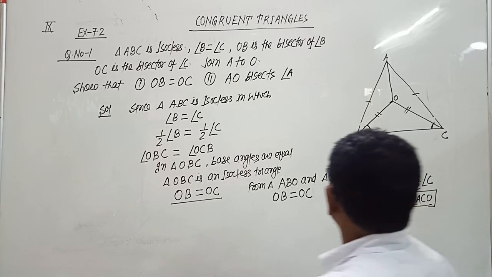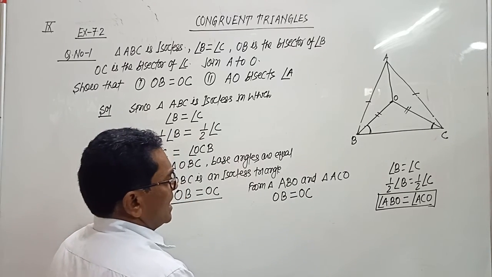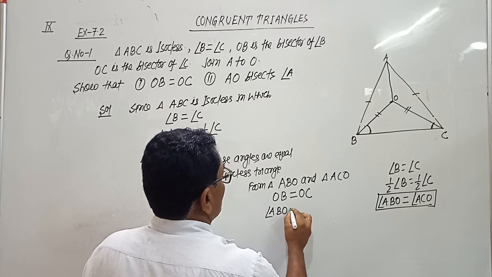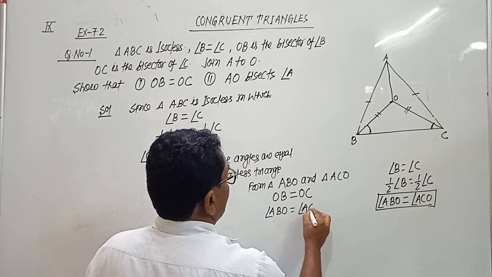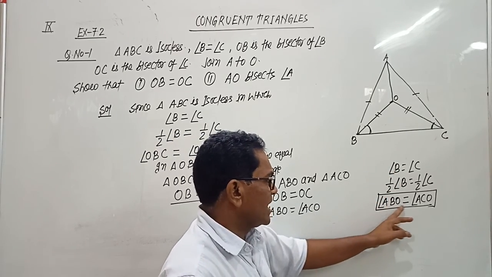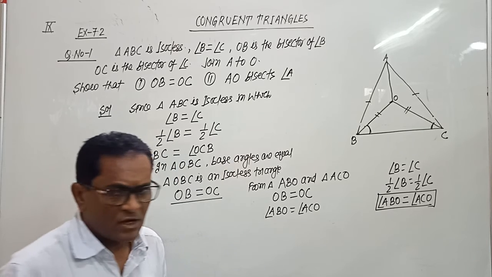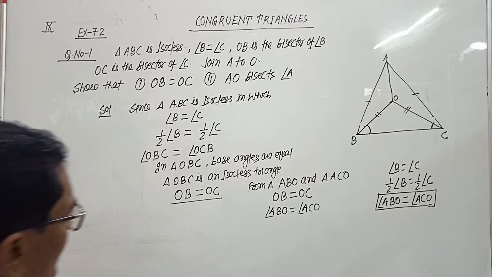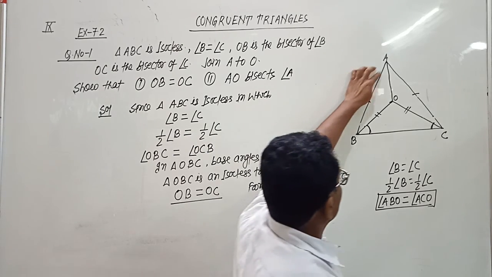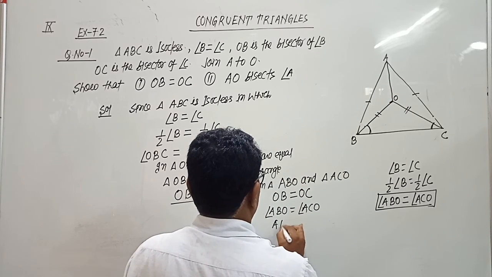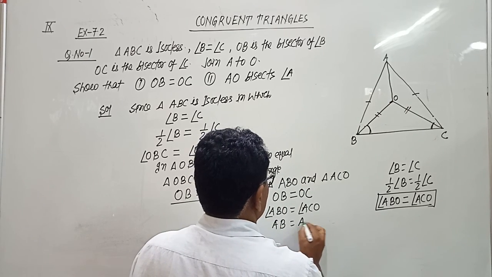So OB equals OC and angle ABO equals angle ACO. We also have AB equals AC.